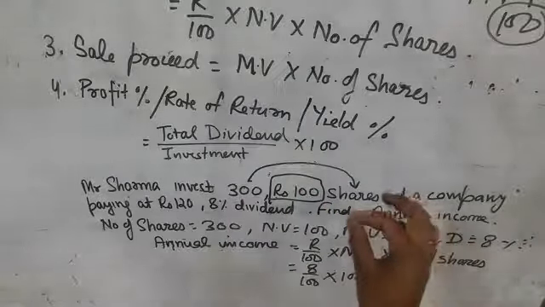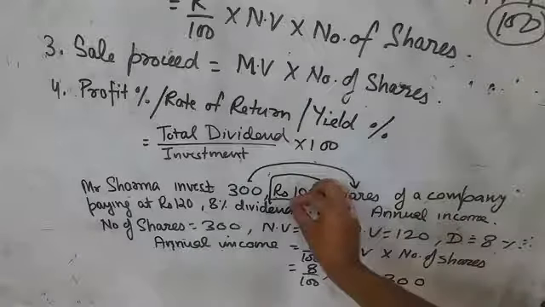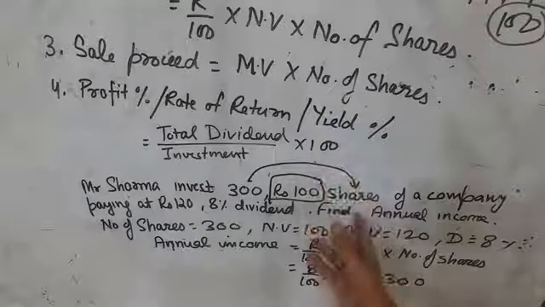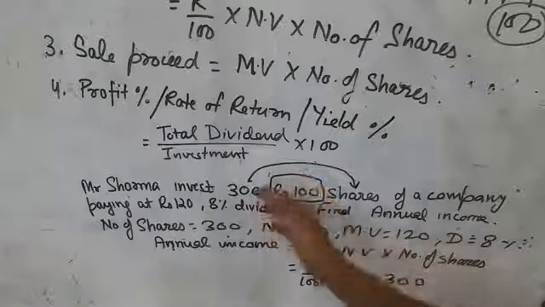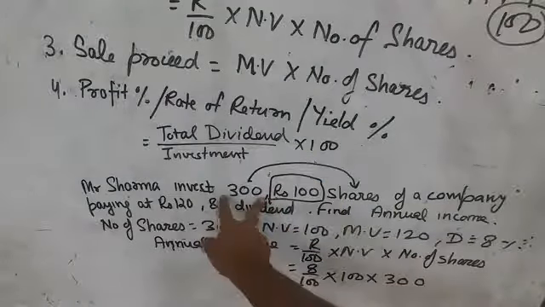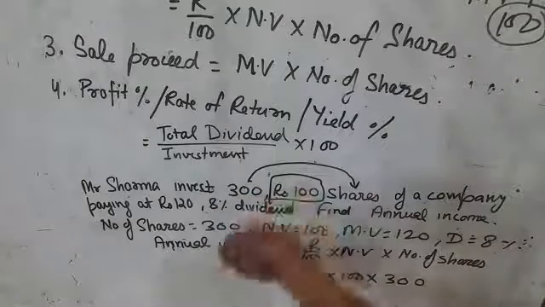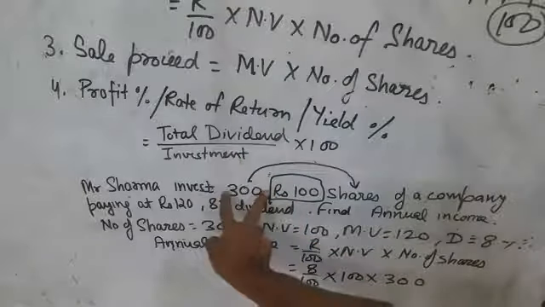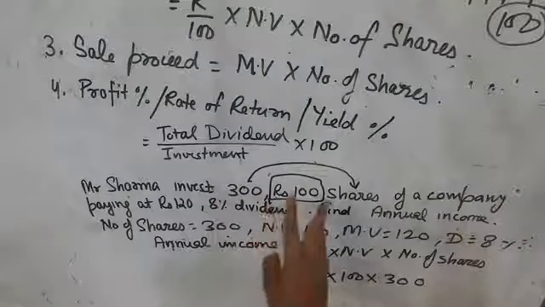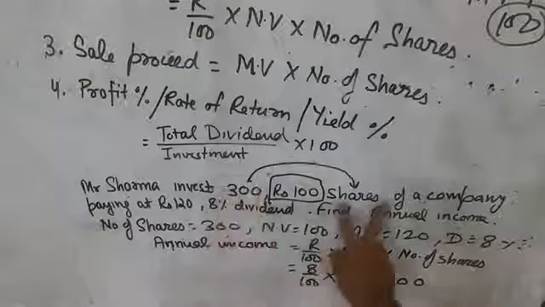These shares and dividend questions have slightly different language, so we have to identify the terms. After 3-4 questions you will be able to identify them easily: what is the number of shares, what is the nominal value, what is the dividend percent, and all that. When rupees is not written, only 300 is written, then comma, then shares is written after this, so this will be the number of shares.